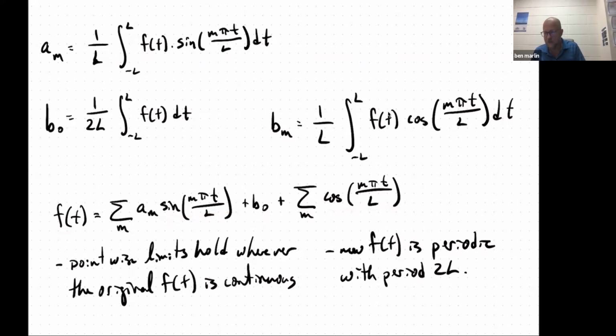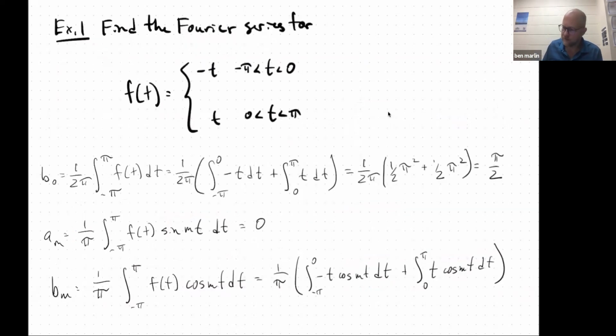In any case, though, it will make it be something that is continuous. And then the other thing is that the new function that you get out of this is going to repeat every 2L.